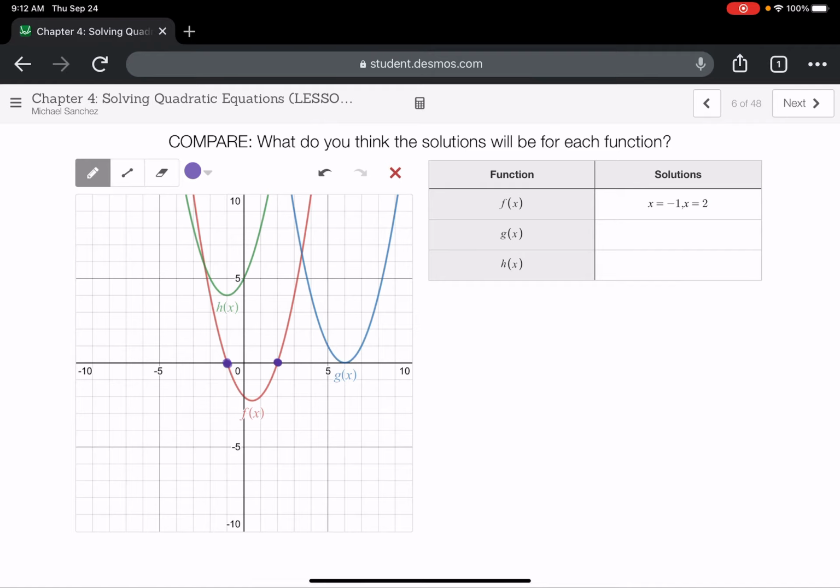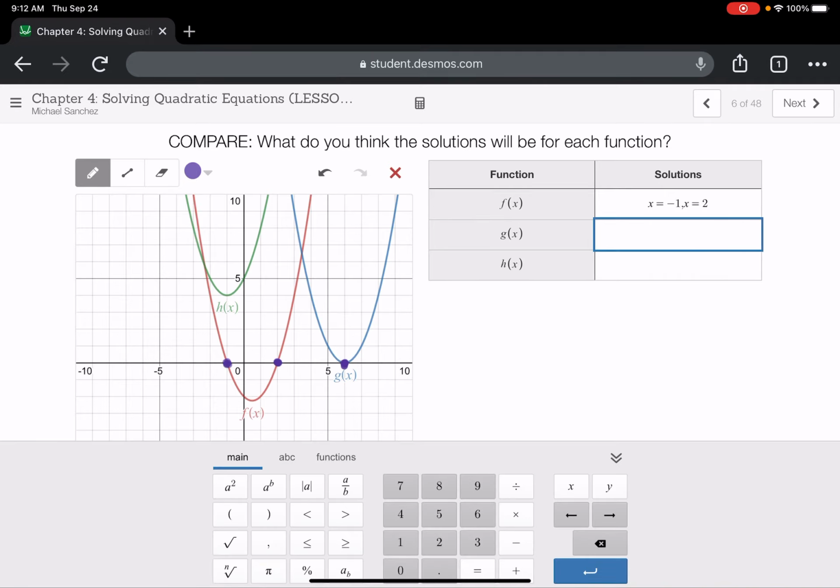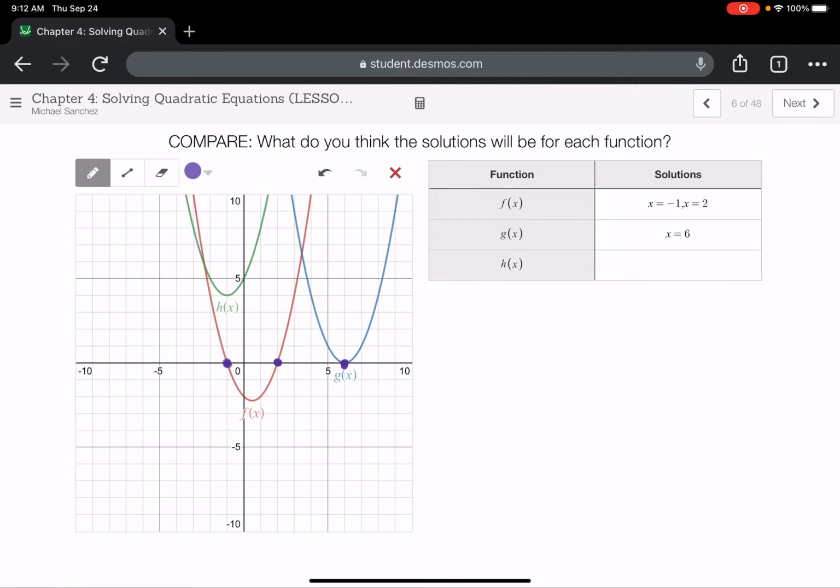The blue one, g of x, only crosses the x-axis at one point, at the vertex. So this one will only have one solution, x equals positive 6, because it only crosses the x-axis at one point.